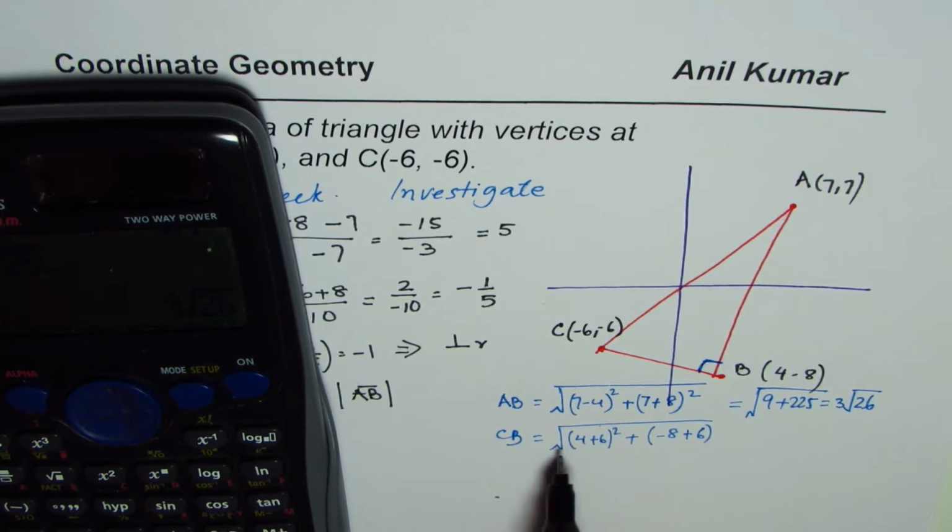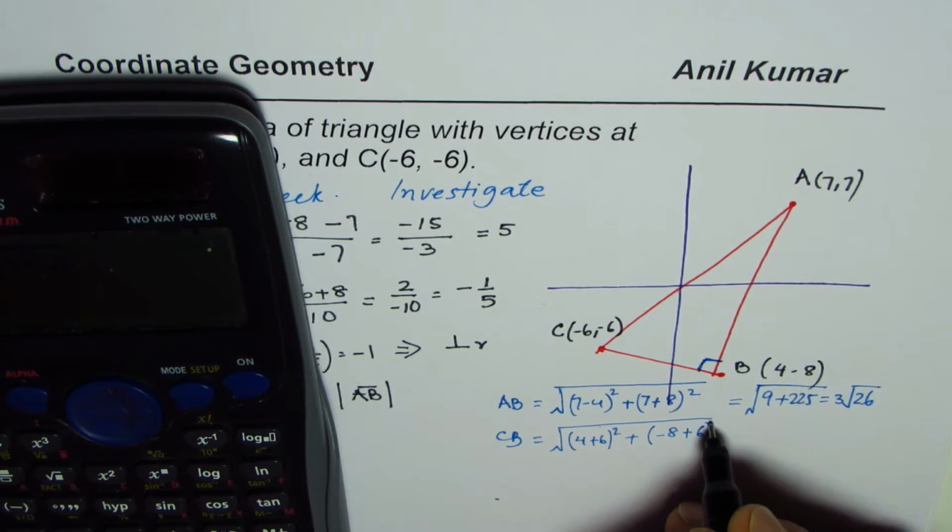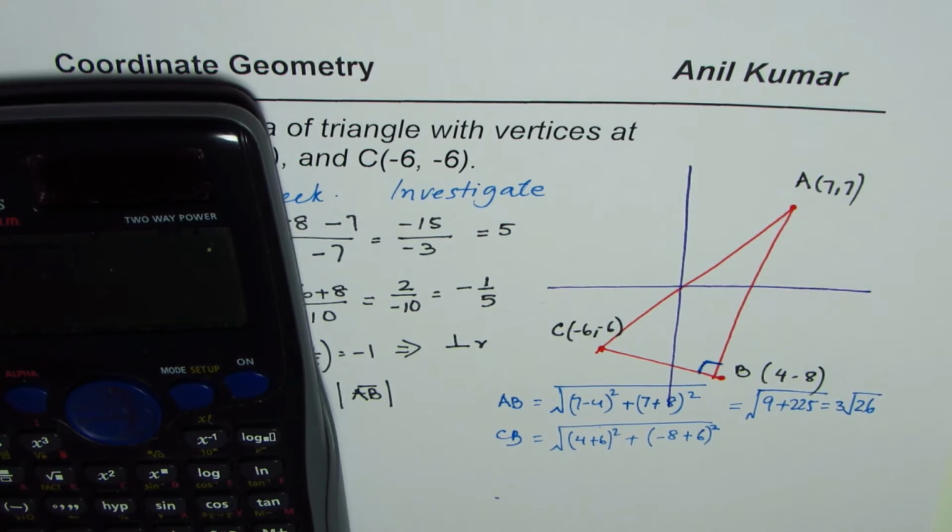For CB, let us do direct calculations. The square root of (4 + 6, which is 10) squared plus 2 squared. Let's find what this is equal to.